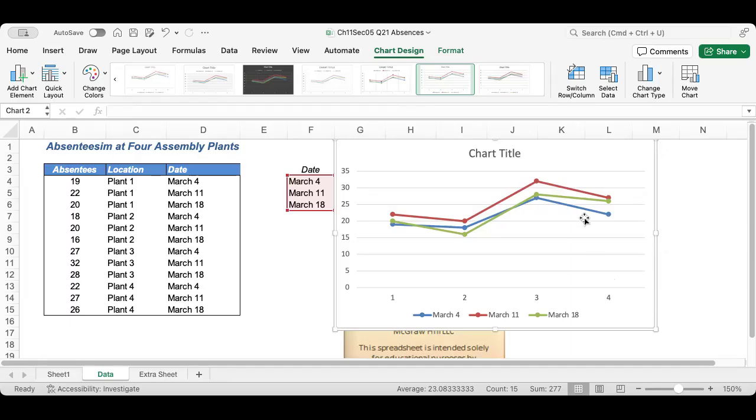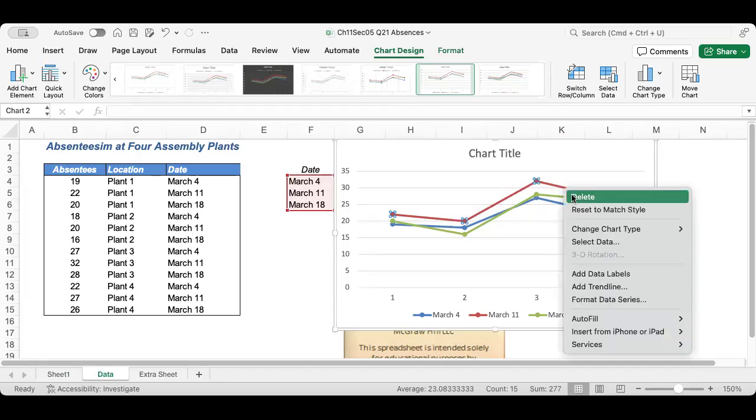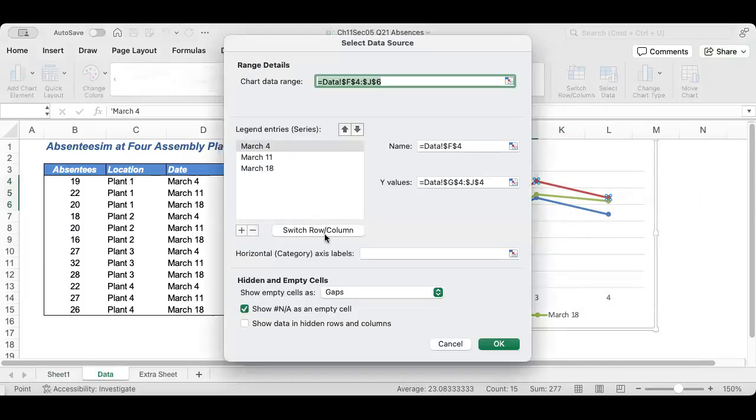I could also plot this the other way around. Select data, switch row and column. See that option right there? That'll make me plot by plant instead of by date.